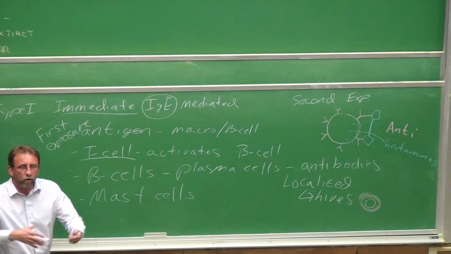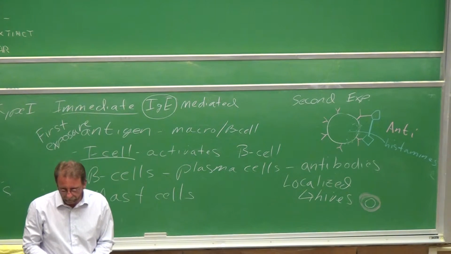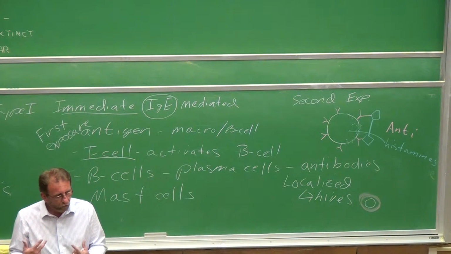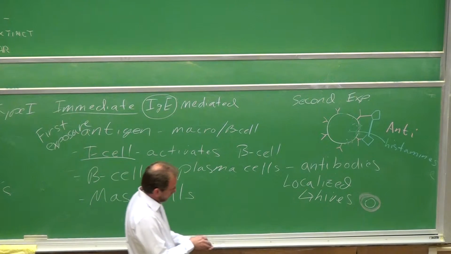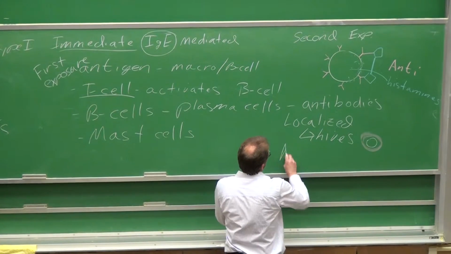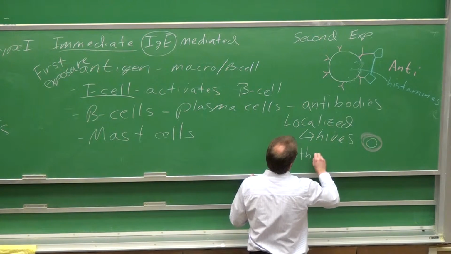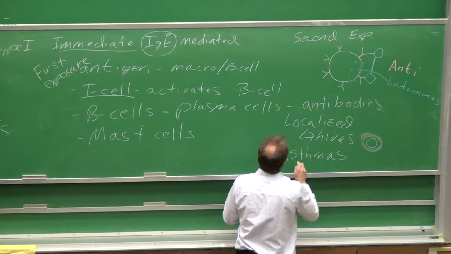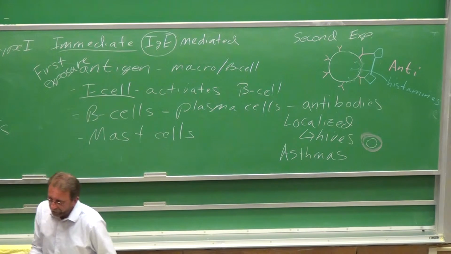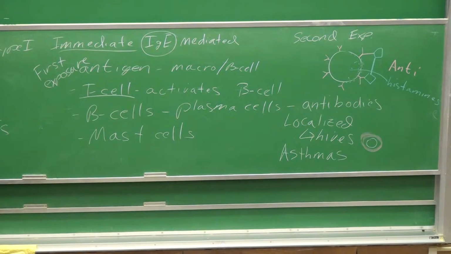Hay fever would be a more general, actually it's more respiratory. One more respiratory condition that we can talk about here is asthma. Asthma is a hypersensitivity that develops as well, but it is inflammation of the bronchial tubes.